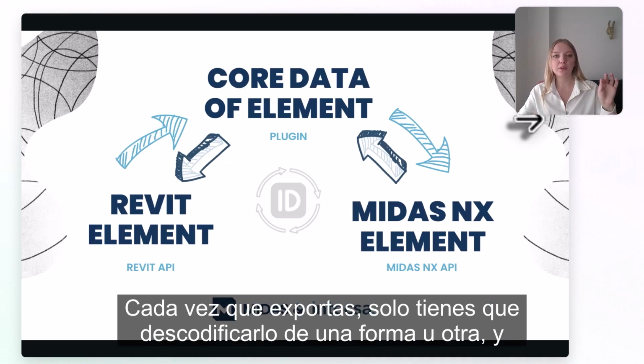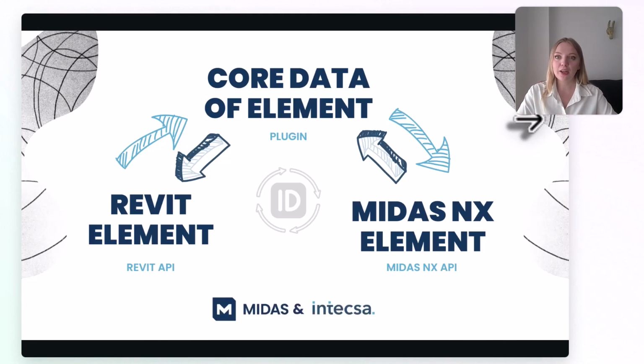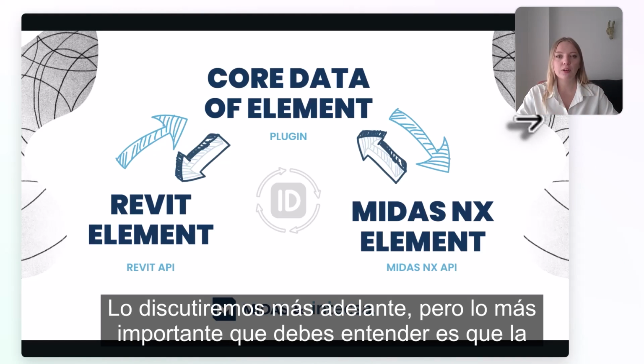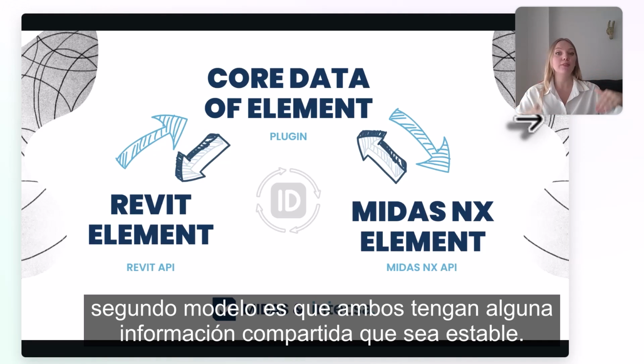So every time you export, you just decodificate one way and another, and you exactly know what which letter means. We will discuss it later. For now, the most important thing you have to understand is that the only way to make an element recognize its own twin brother inside of the second model is for them to have some shared information that is stable. So in this case, an identificator.